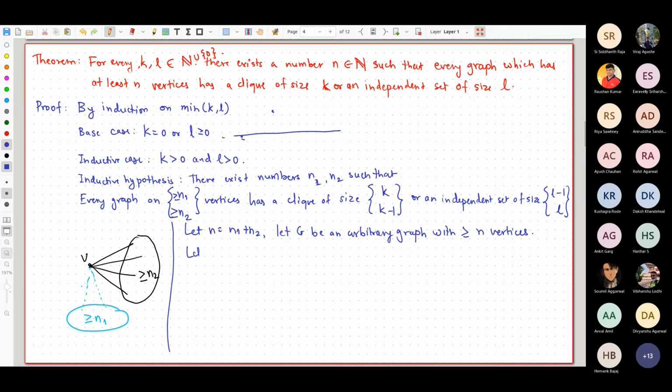I did not state that earlier. Let V be any vertex of G. Now, therefore V either has at least n1 non-neighbors or at least n2 neighbors.